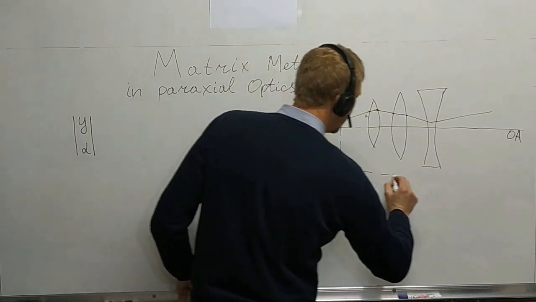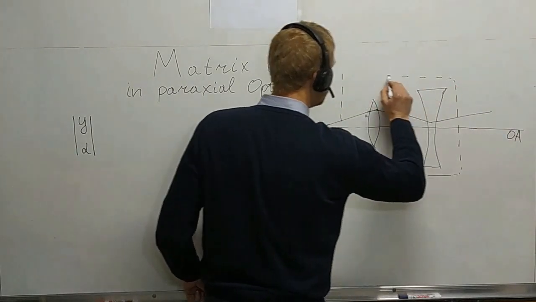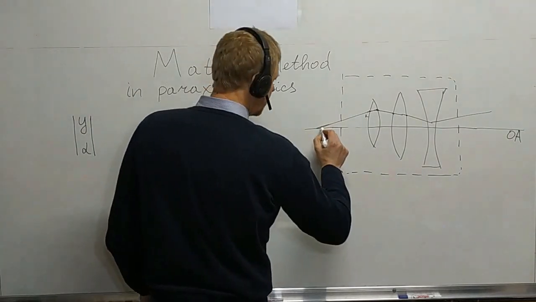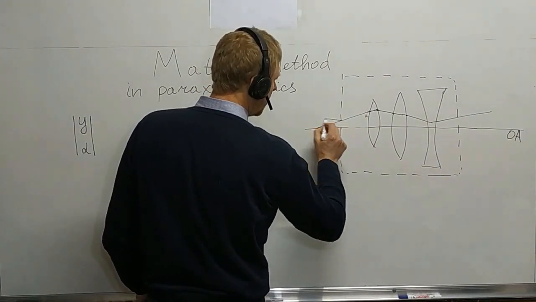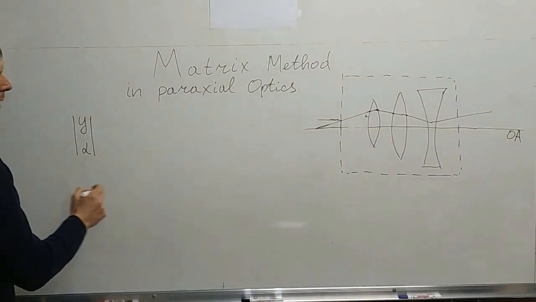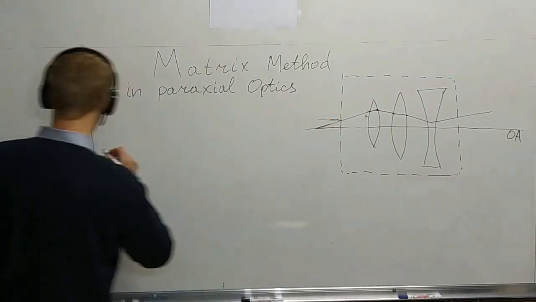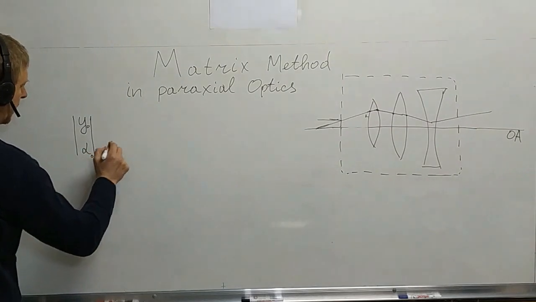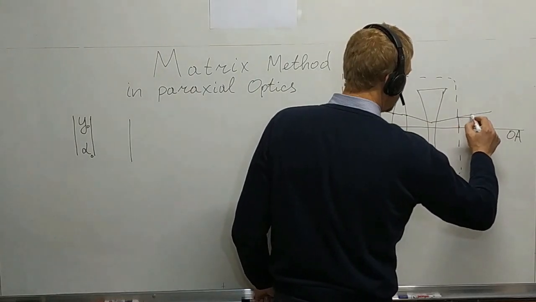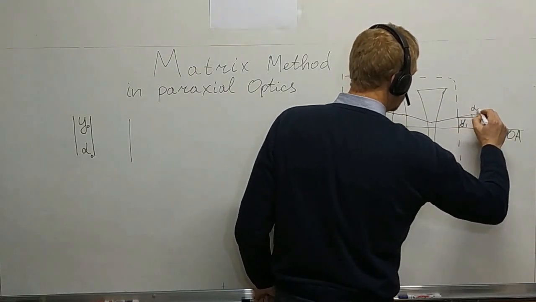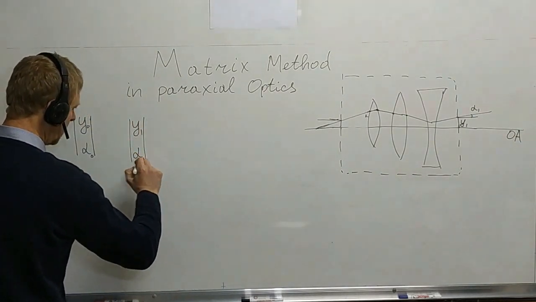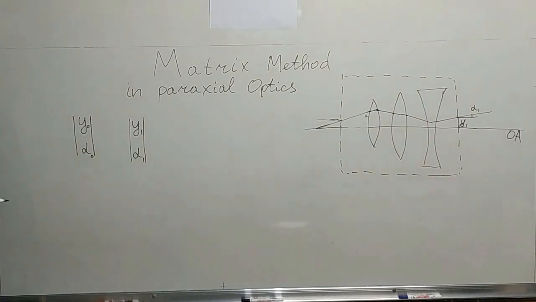I can define the optical system as some black box. So I don't care how many elements are inside the optical system, but what is important for me is the height of the ray and the angle alpha at the input of the optical system, let's say y0, alpha 0, and what is the height and angle, y1, alpha 1, at the output of the optical system.